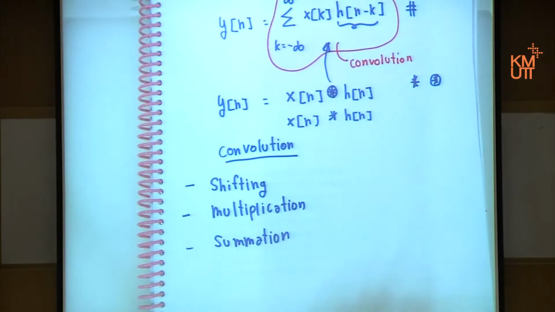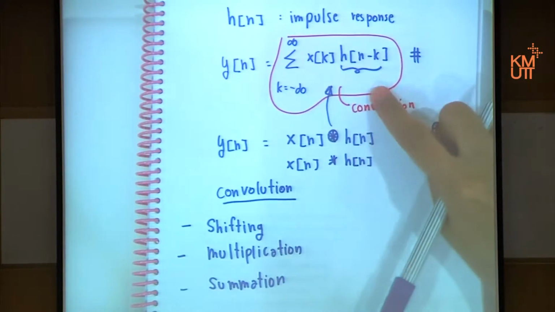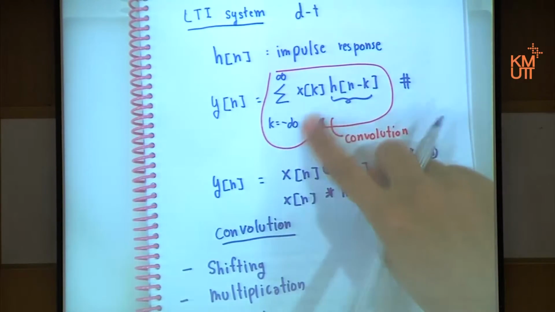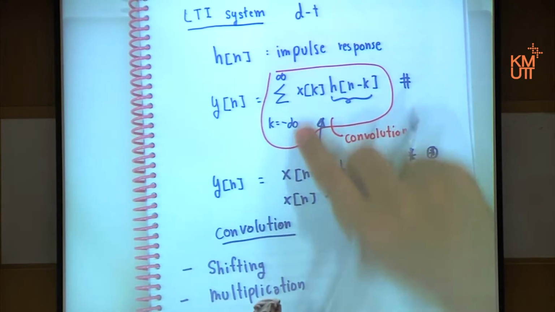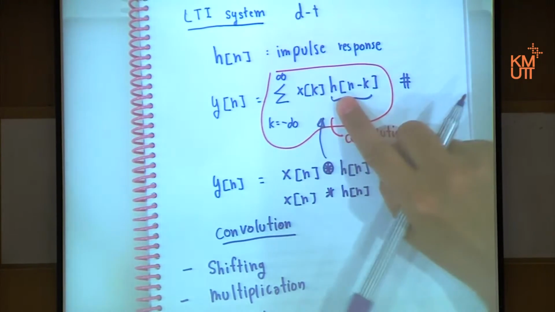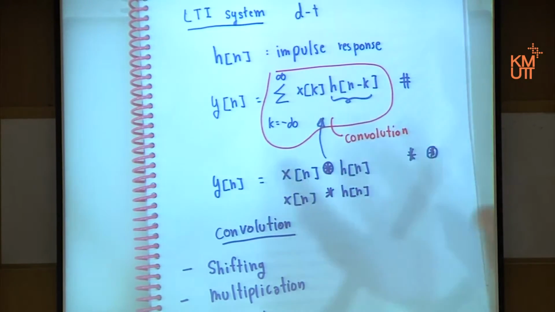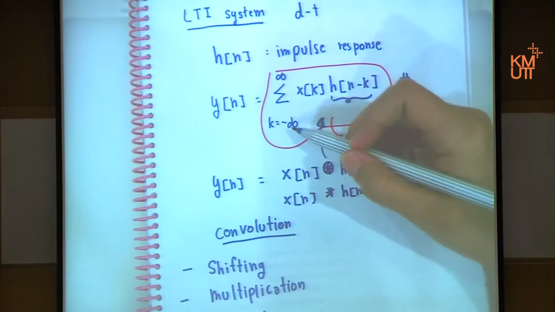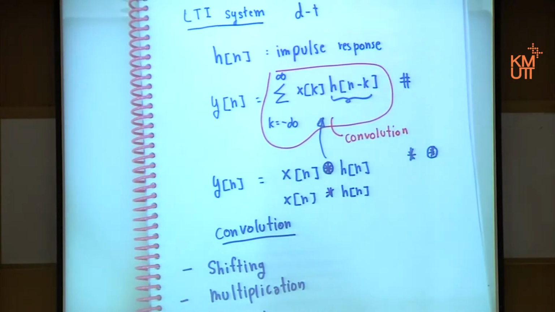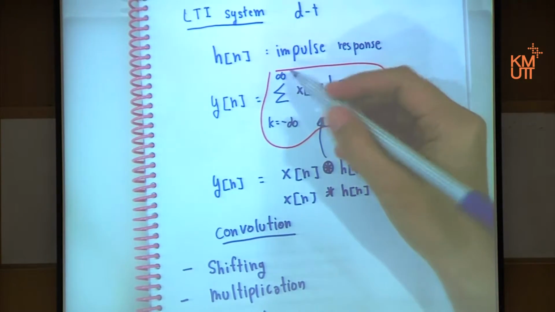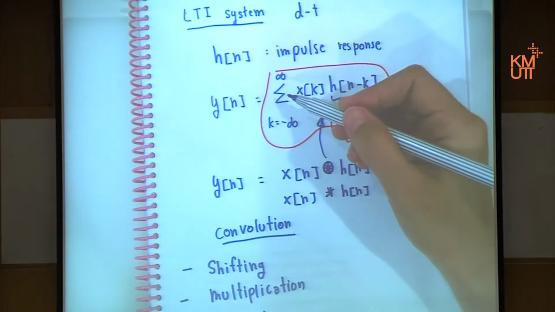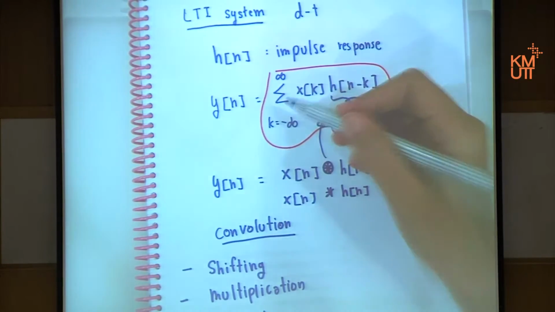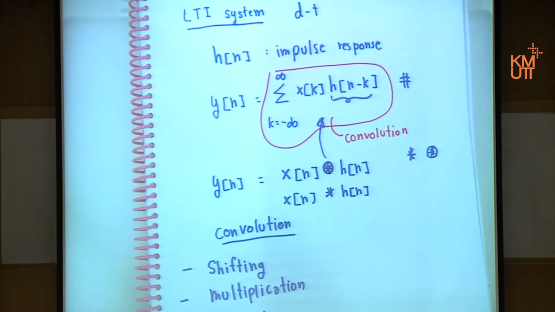If you consider this equation again, you can see that we sum for k from minus infinity to infinity of x[k] multiplied by this term. So it seems like k is the independent variable that can vary.